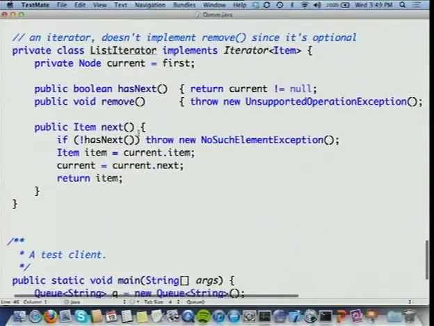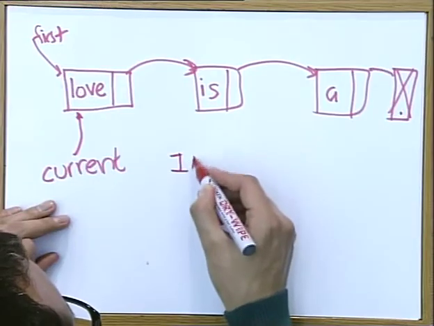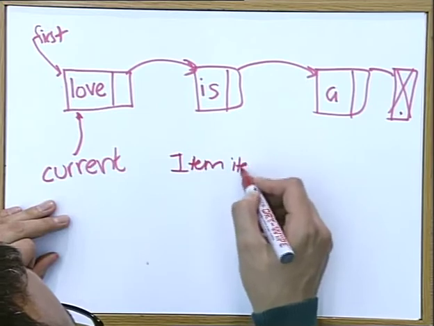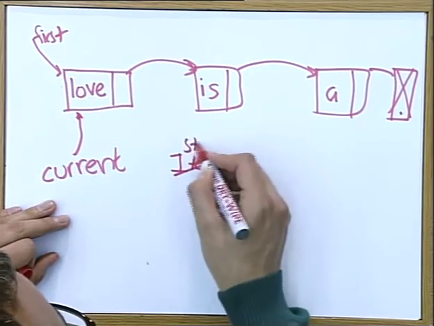Now let's look at next. It asks the question, does it still have a next, so is there still an element? So if you call next and there is no next element, it will throw an exception. Otherwise, we would say item, so that's the element that we're interested in. In this case, item is actually a string.